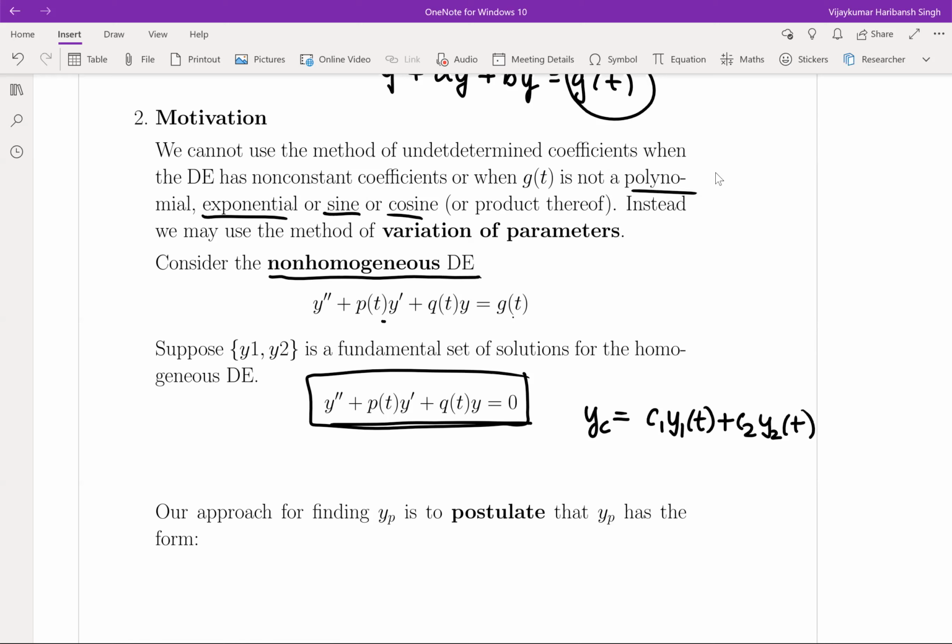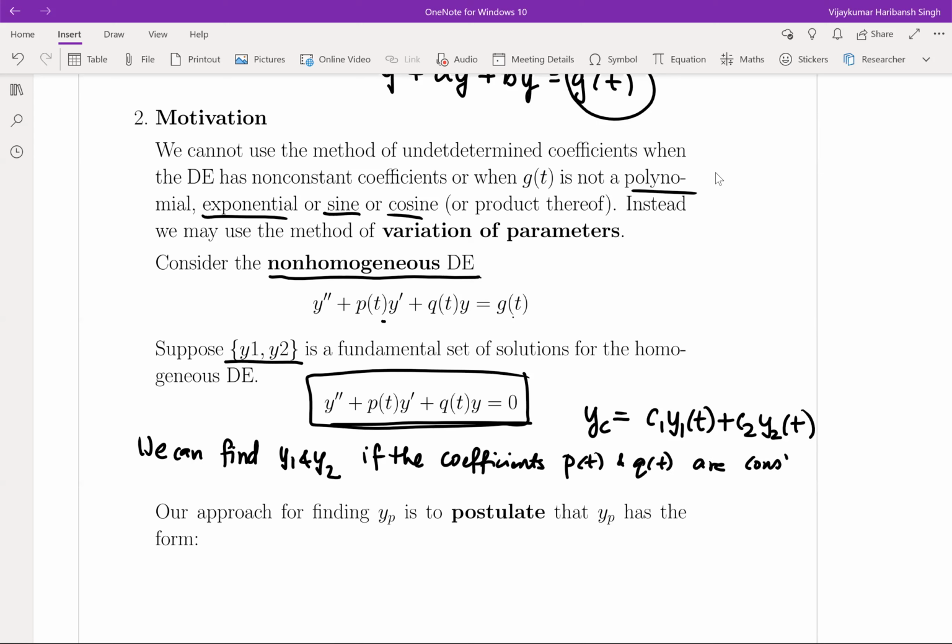Now note that we are given y1 and y2 as the fundamental set of solutions. We can find y1 and y2 easily if the coefficients are constant, that means p of t and q of t are constant.